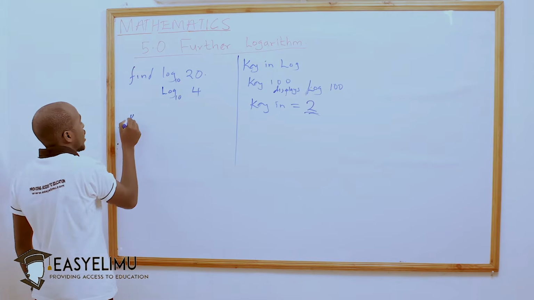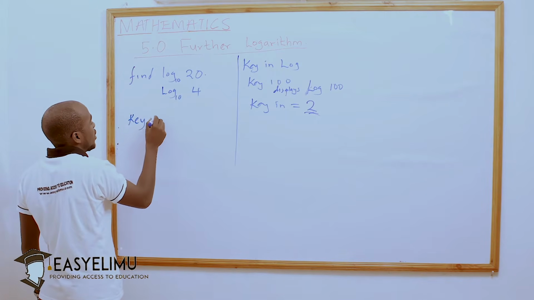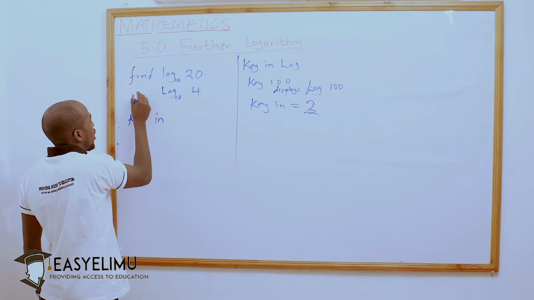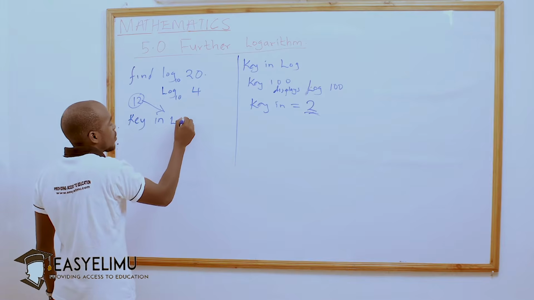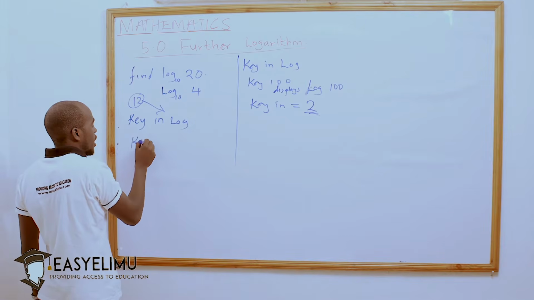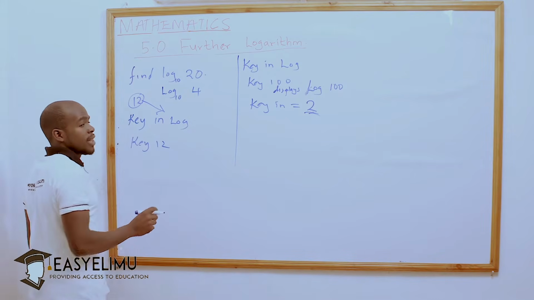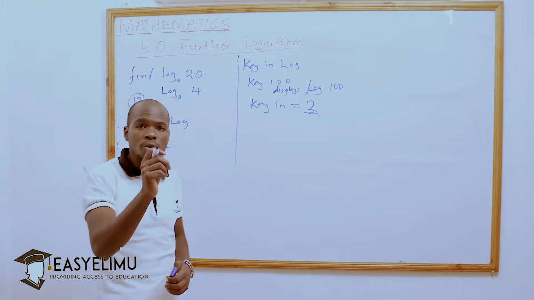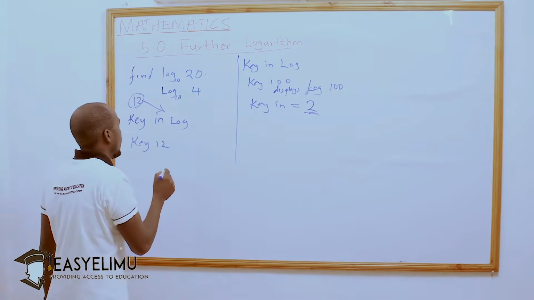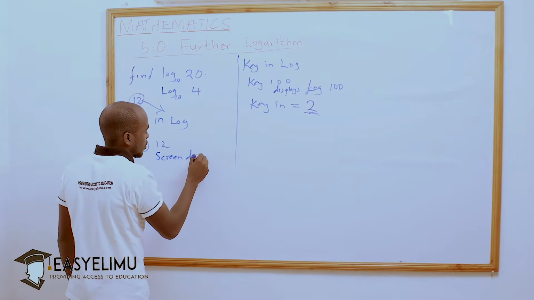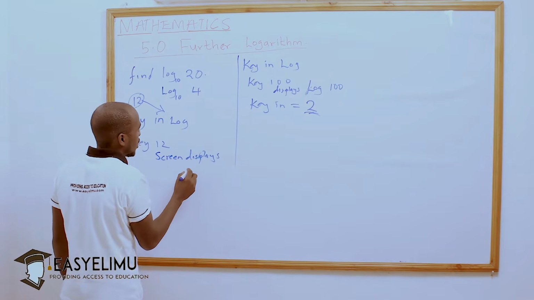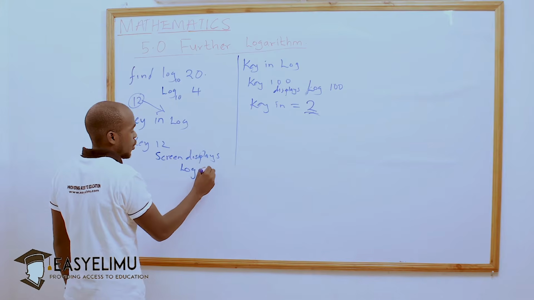So if you are using a calculator, for example if it is 12 in this case, I'm keying in log, then you key in the 12, meaning you key in first 1 and then 2. You will find your screen displays log 12.